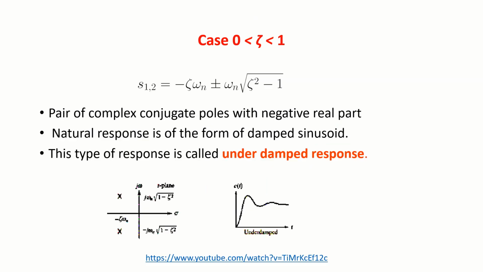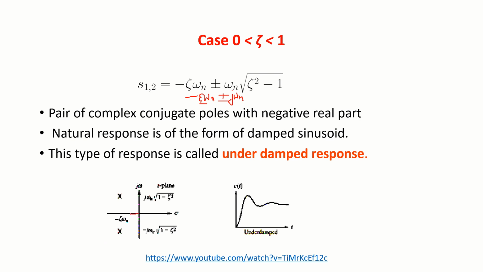Next, let me put zeta less than 1. If I put zeta less than 1, this becomes minus zeta omega n, there is a real part and an imaginary part.